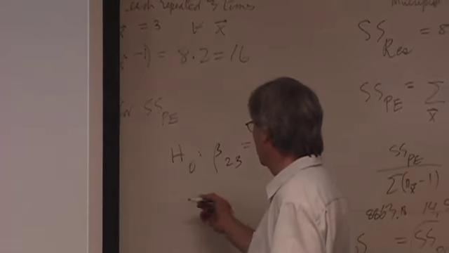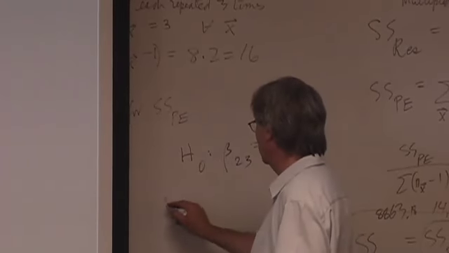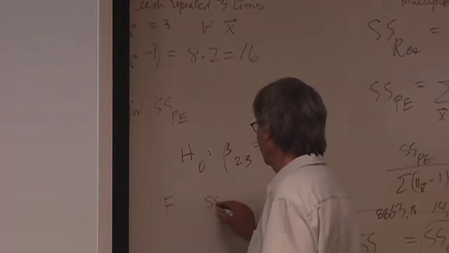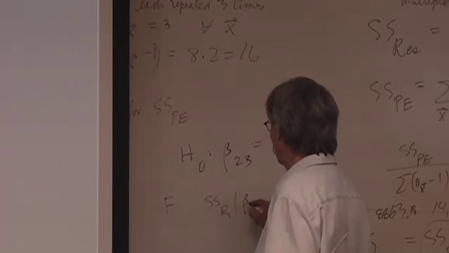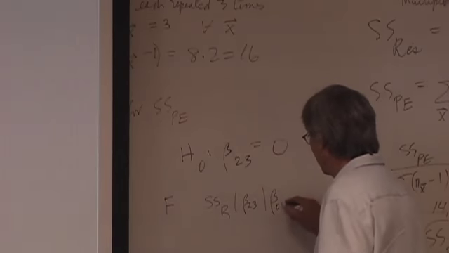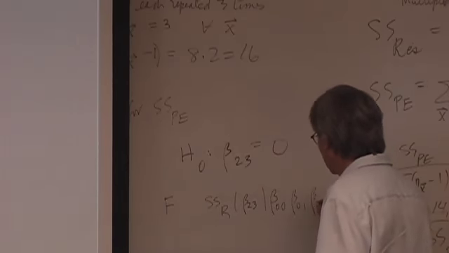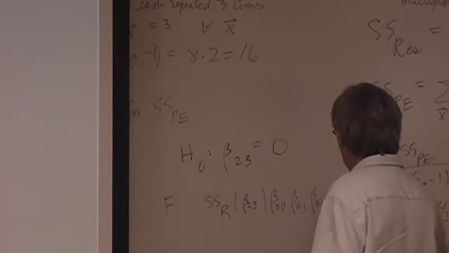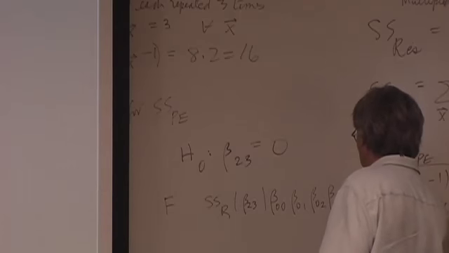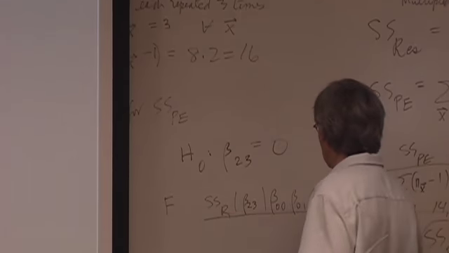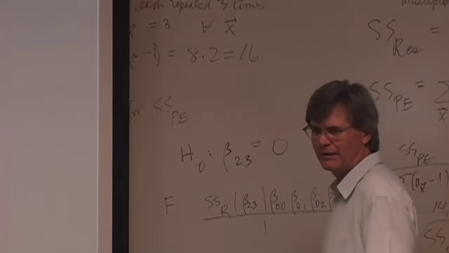The F statistic would be SSR of beta 2,3 after all the others, beta 0,0, beta 0,1, beta 0,2, beta 0,3, and beta 1,3. That would be the notation for the numerator, divided by 1, because there's only one beta here.